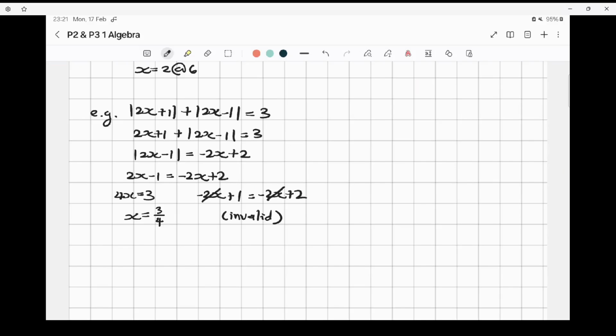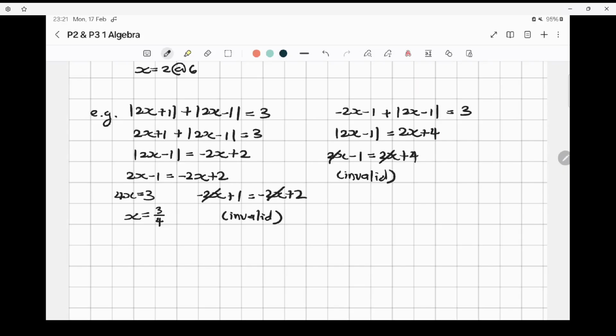You would get minus 2x minus 1 plus modulus of 2x minus 1 equals 3. So then you will have modulus of 2x minus 1 equals 2x plus 4. Again, study the positive part. 2x minus 1 equals 2x plus 4, with 2x cancelled off. Again, this is invalid.